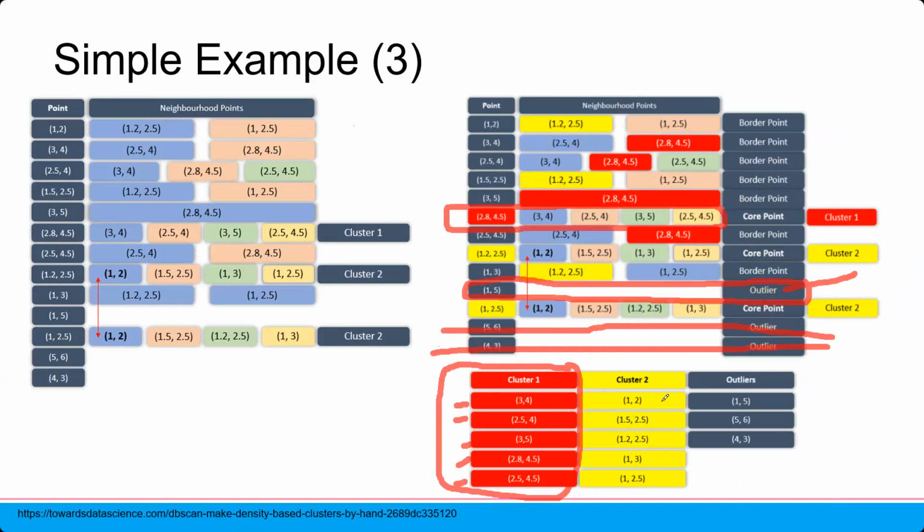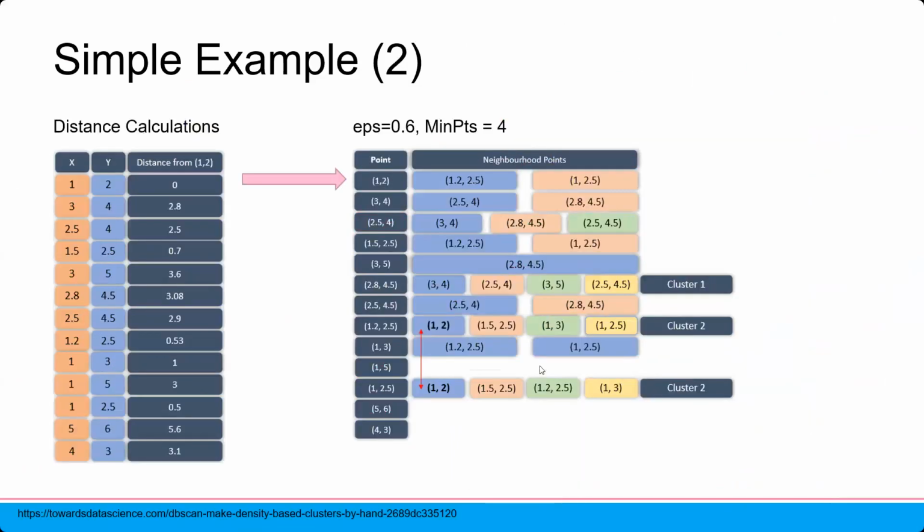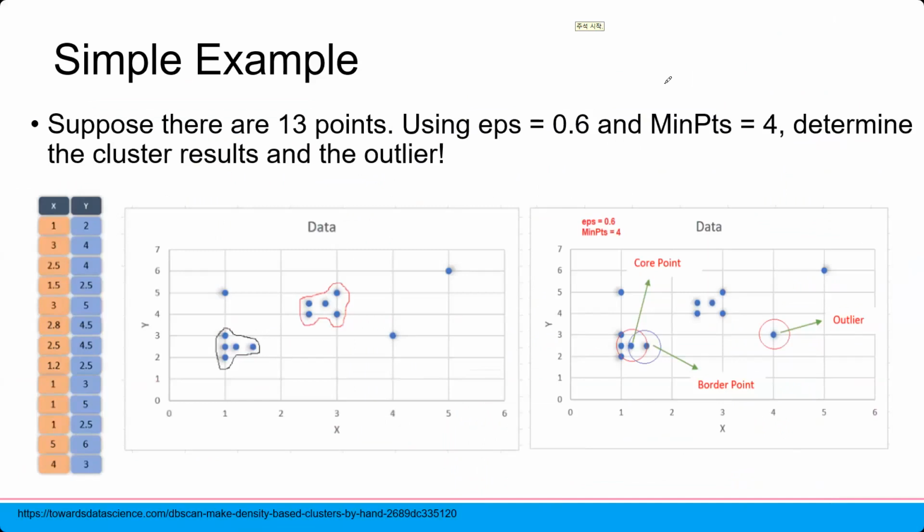For cluster 2, you can see this one, and the outliers are those 3 points. So you can look at the figures. This is the core point, and this is another core point, and this is an outlier, and this is an outlier.